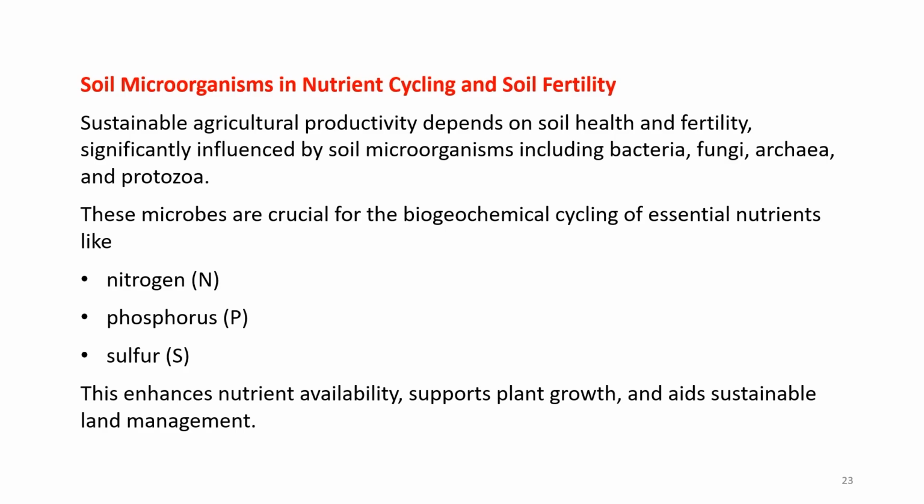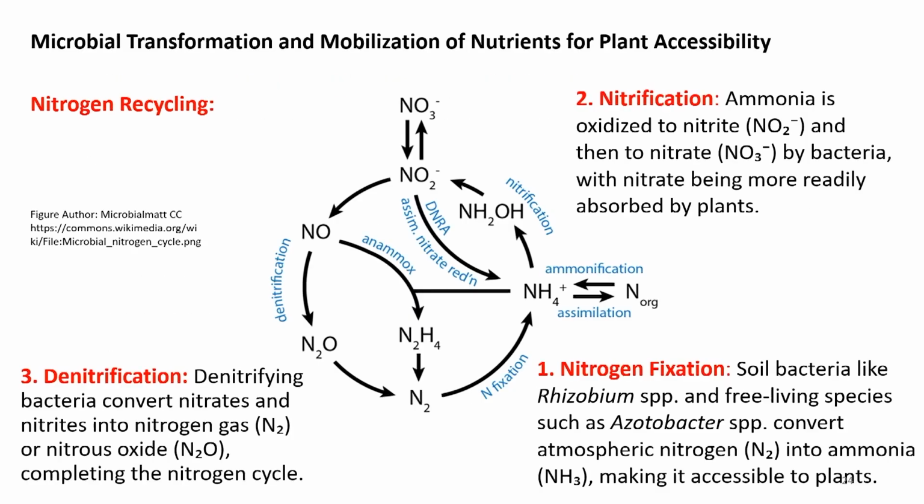These microbes are crucial for biogeochemical cycling of essential nutrients like nitrogen, phosphorus, sulfur as well as others, as we will be discussing in this module and also in another module. This enhances nutrient availability, supports plant growth and sustainable land management.